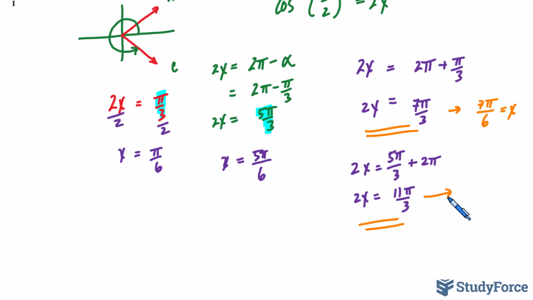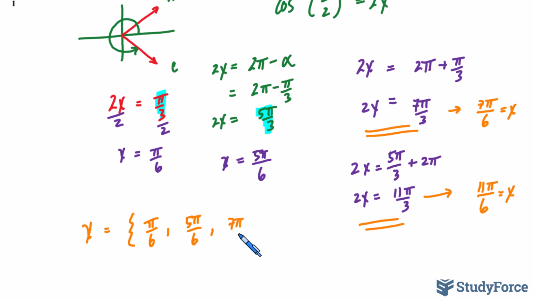And for that equation, we get 11 pi over 6. Now, interestingly, all 4 of these answers make up our solution set, and all 4 of these are within the original domain that was between 0 and 2 pi.